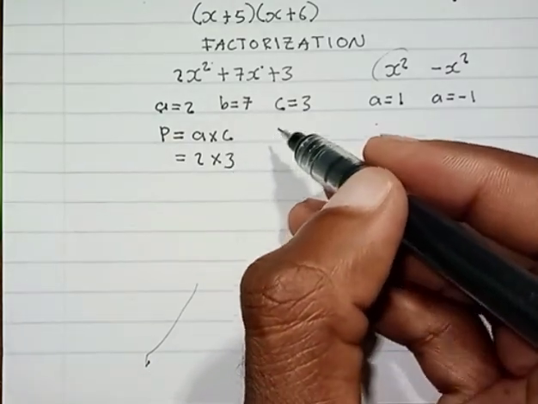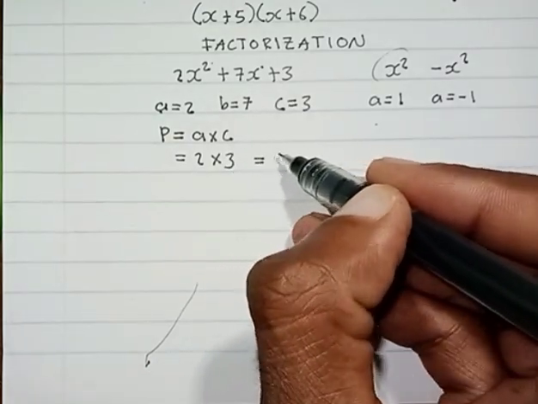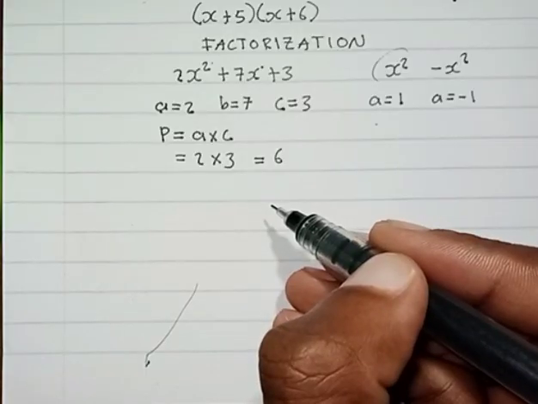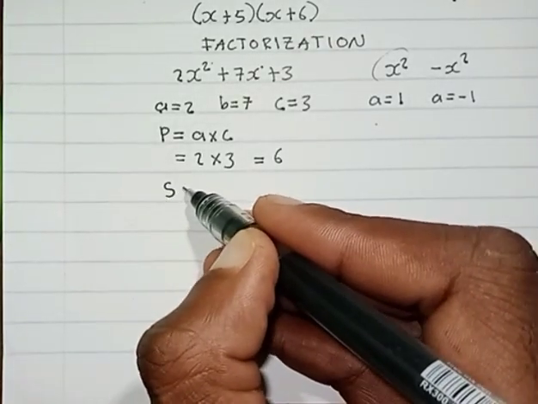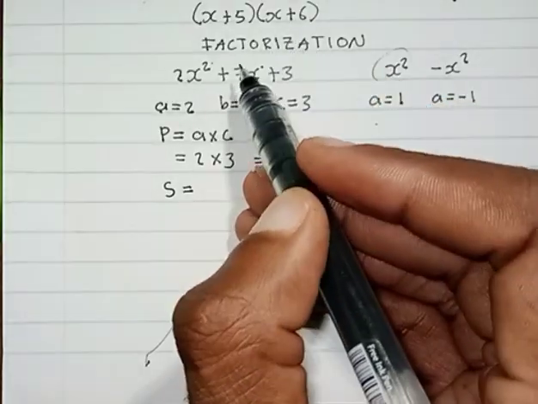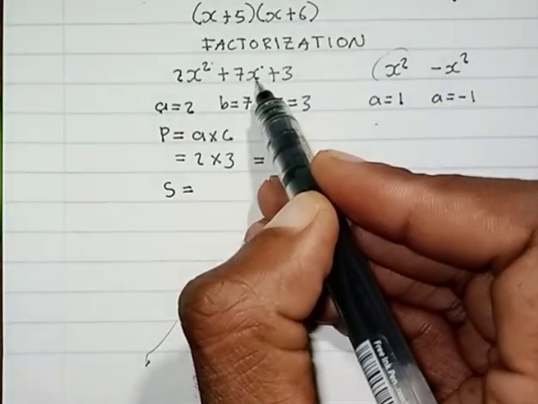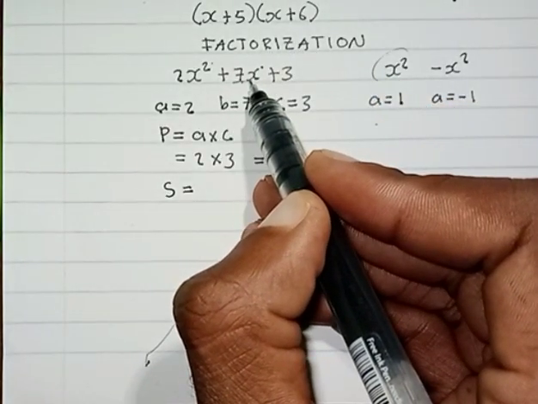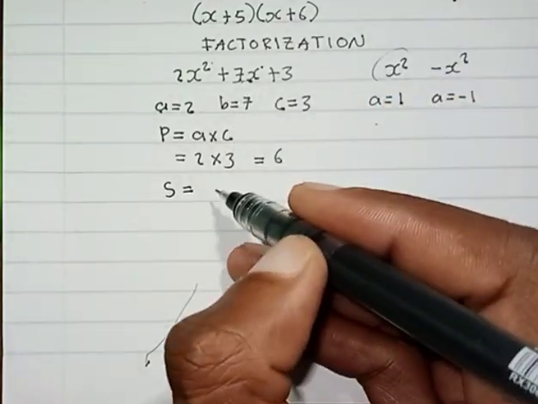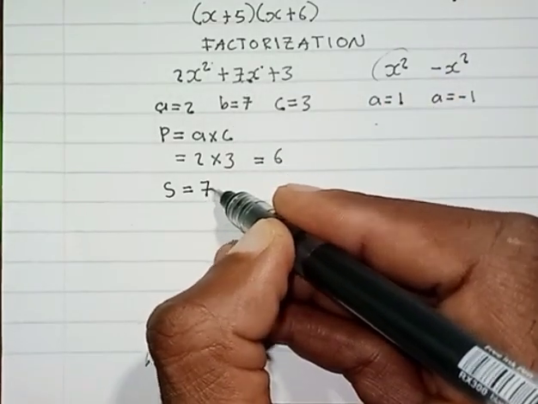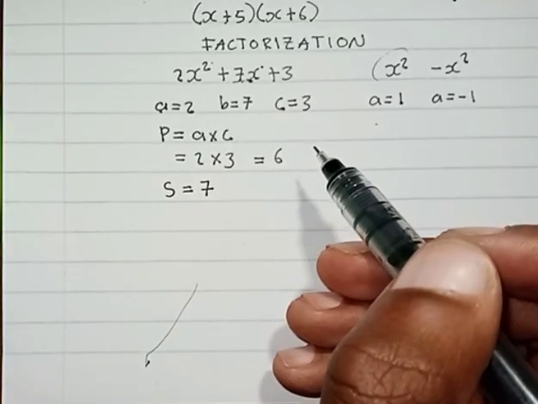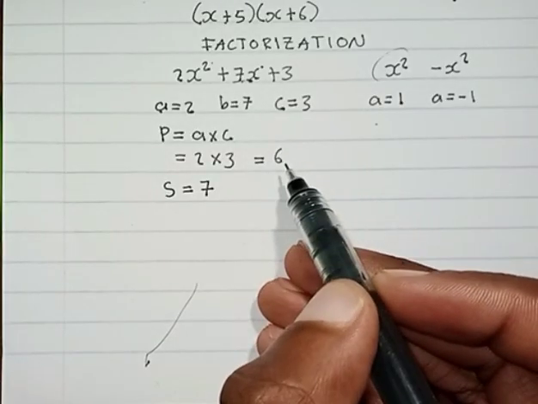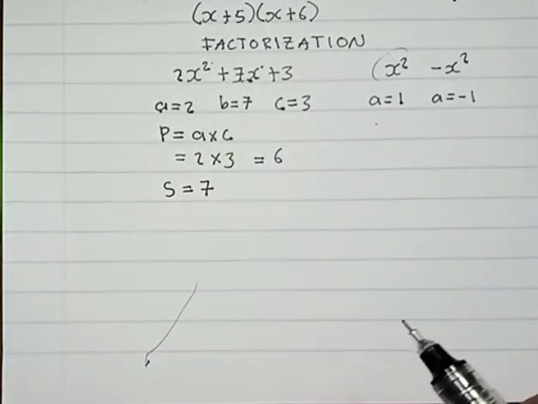So this means that our product will be equal to 6. Then the other thing that we're supposed to get is the sum. The sum is just this number in the middle, the 7. So our sum is equal to 7. These are the most important things we are supposed to get. Our product is 6 and our sum is 7.